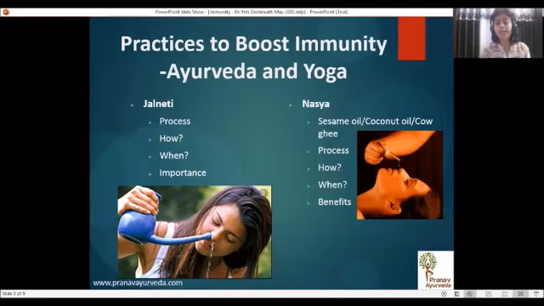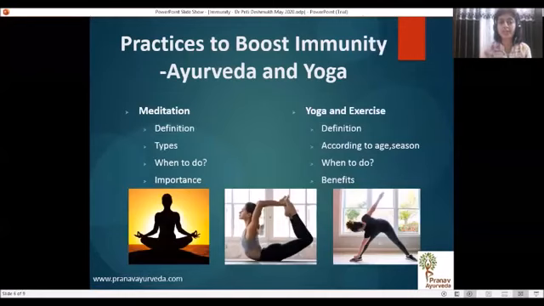Now let's look forward towards meditation. Meditation is done to achieve complete physical and mental relaxation. There are different kinds of meditation mentioned in Yoga Shastra.